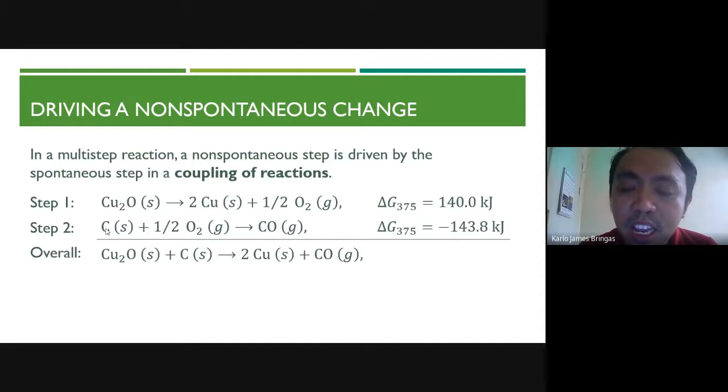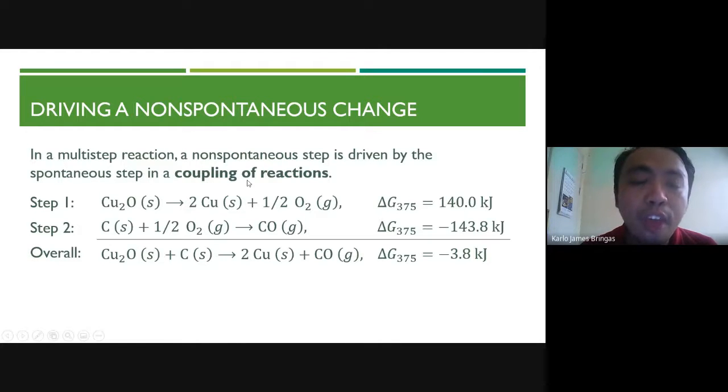And the delta G can now be added. So overall, the delta G value, as you can see, is negative in sign. So just by having step 1 happening in tandem with step 2, we now force step 1 to occur, since step 2 gives the energy to allow the reaction coupled to it to occur.